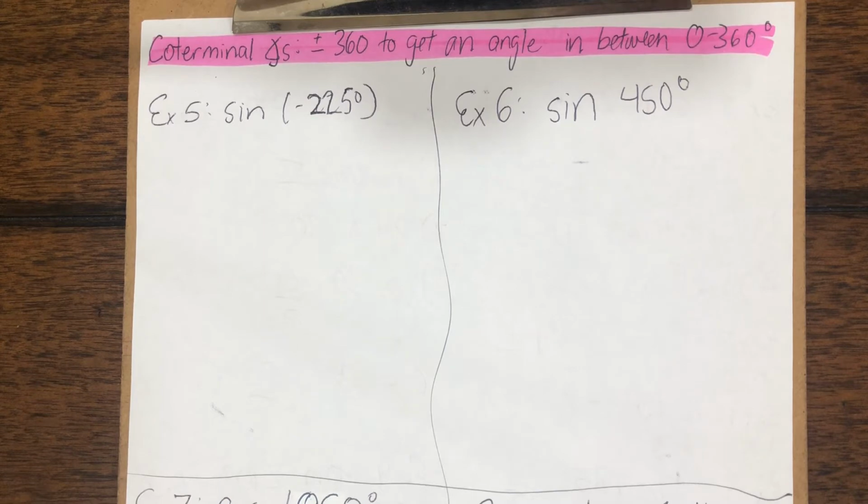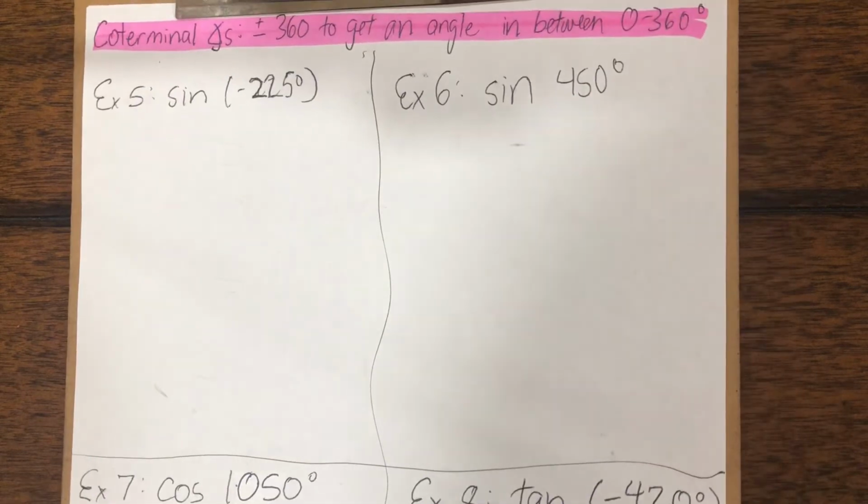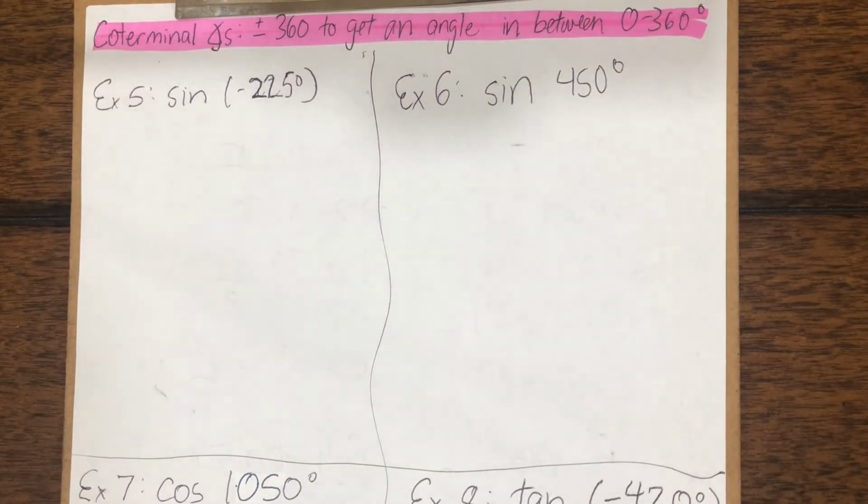negative 225 degrees. We have an angle measurement that's way below 0 degrees, and we need to get that back up to a degree that's in between 0 to 360. So should we add 360 to negative 225 or subtract?